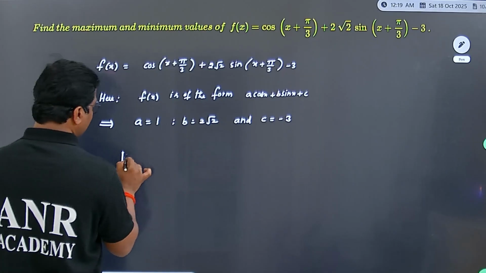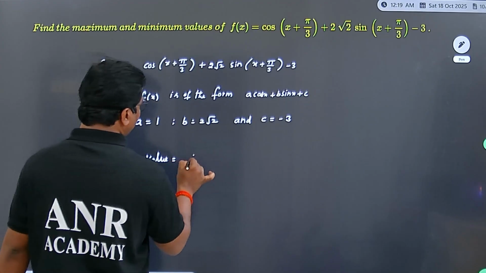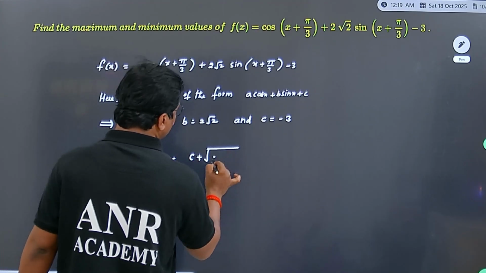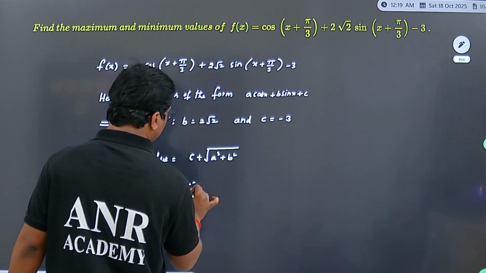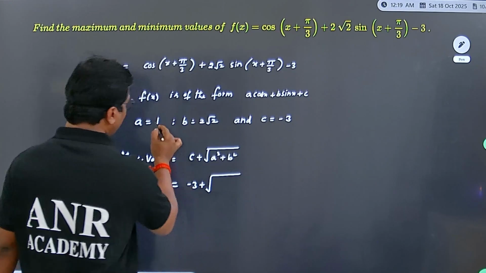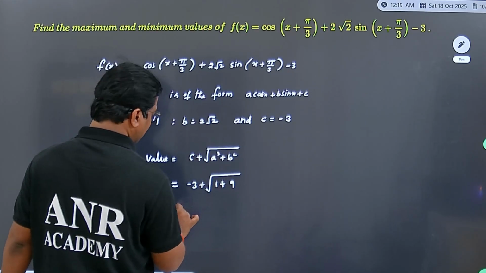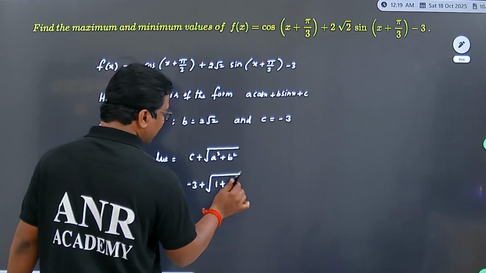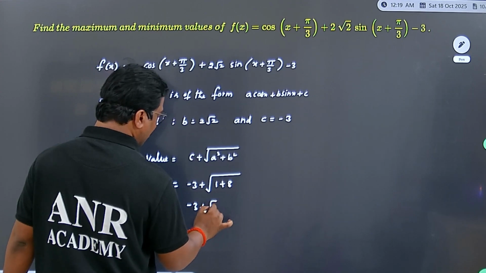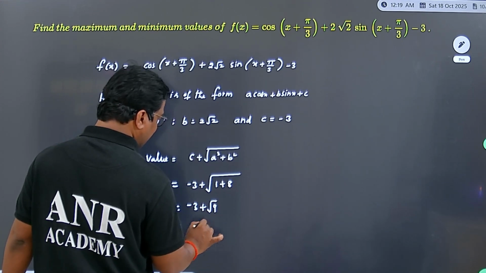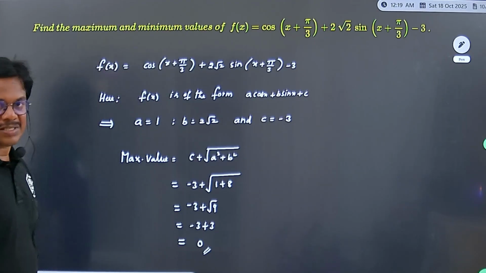Next, maximum value, minimum value. I am going to use the formula for maximum value: c plus root over a square plus b square, that is c value here minus 3, next plus root over a square value 1, b square value 2 root 2 whole square, that is 8. Therefore minus 3 plus root over 9, that is minus 3 plus 3 gives the result 0. This is the maximum value of the function.